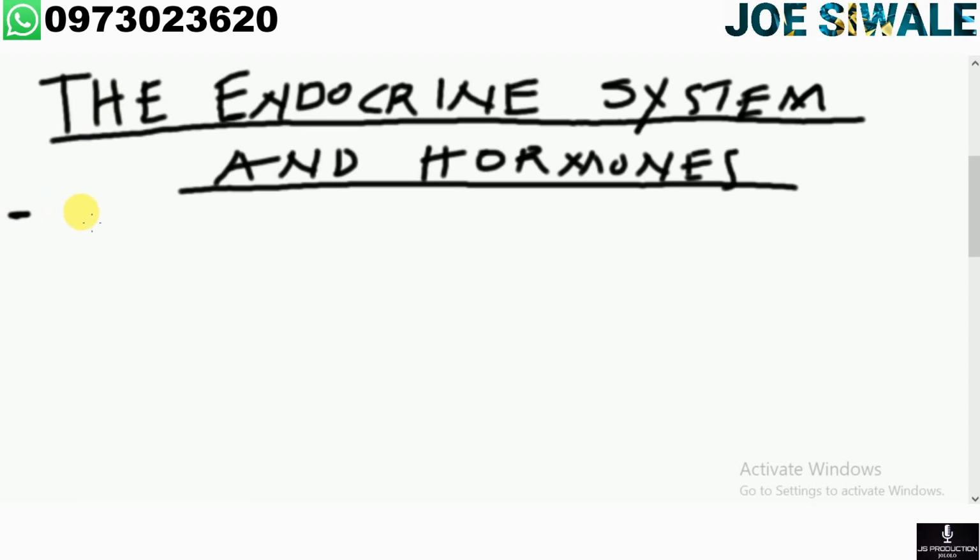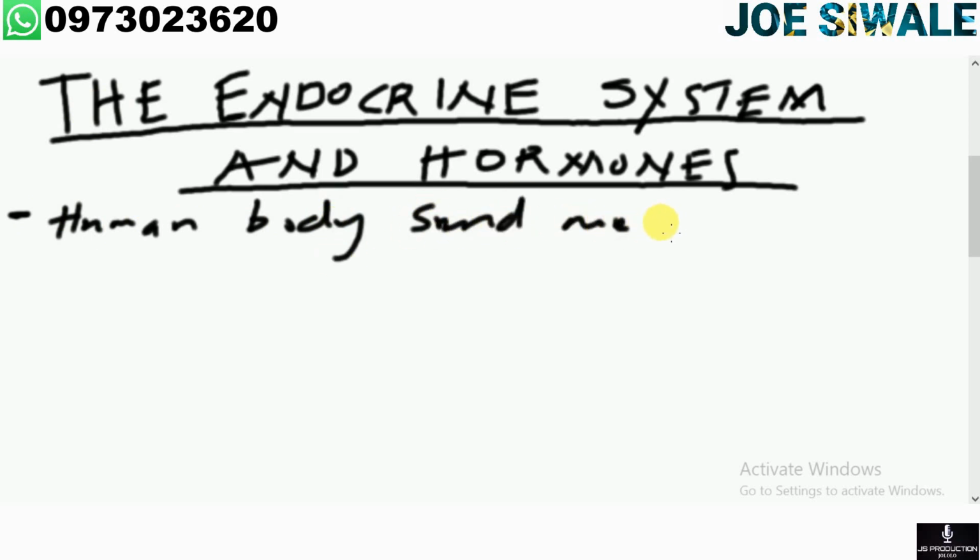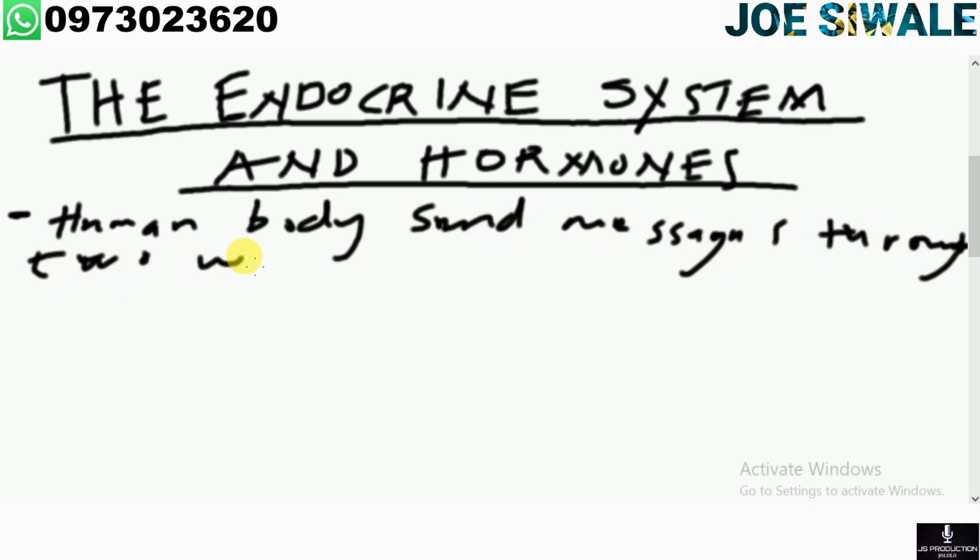The human body sends messages through two ways, and these are through the nerves and the hormones.